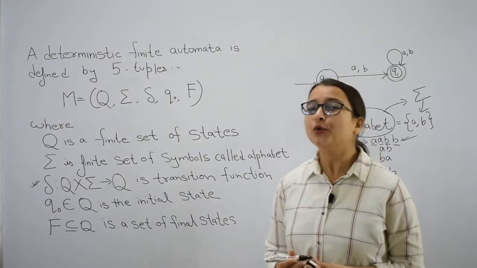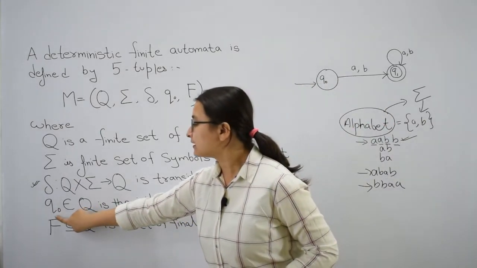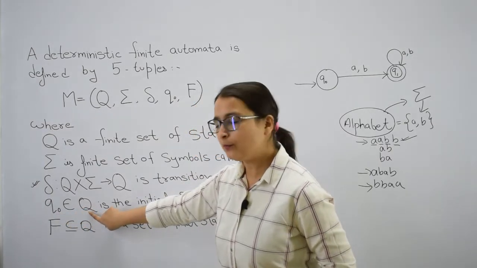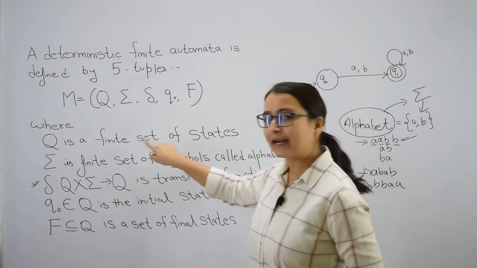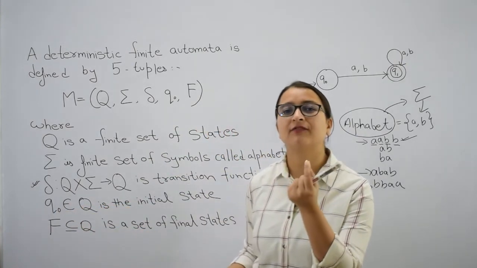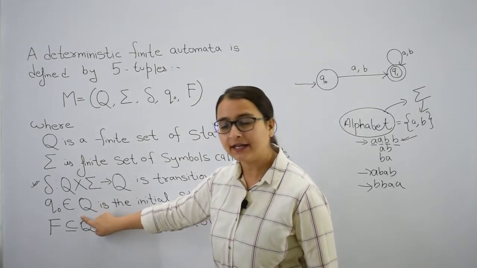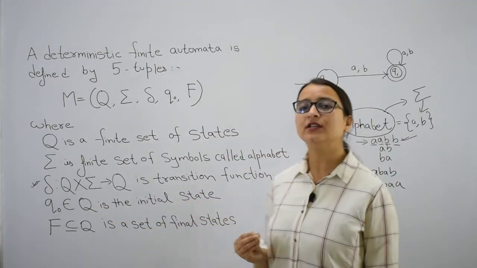This is called Q naught, and here it is saying that Q naught belongs to Q. Q is a set of finite states. So it is one of the states, one single specific state in this set, and it is called the initial state.